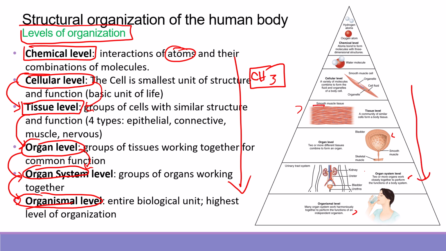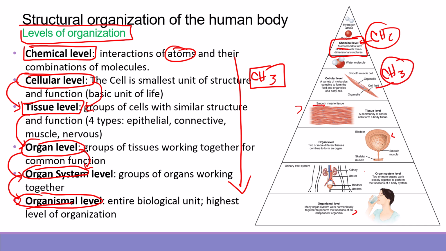What I'm saying is we're having an overview of the human body, anatomy and physiology, which is your chapter 1. Your chapter 2 will cover the details about the chemical level. So we're going to learn here the atoms and elements that are important for the human body. Your chapter 3 of this course will cover the cellular level.